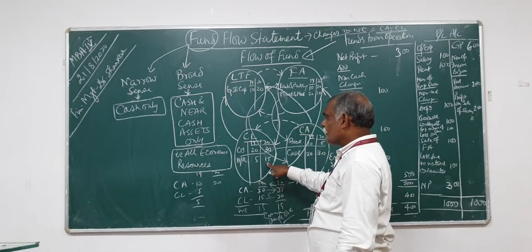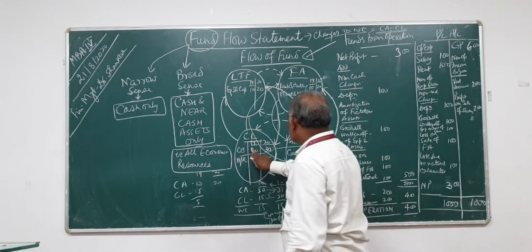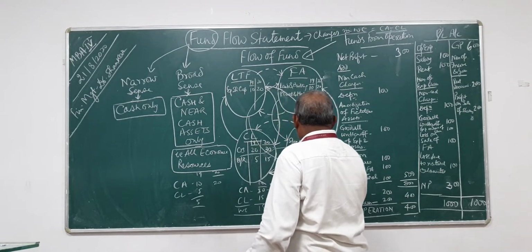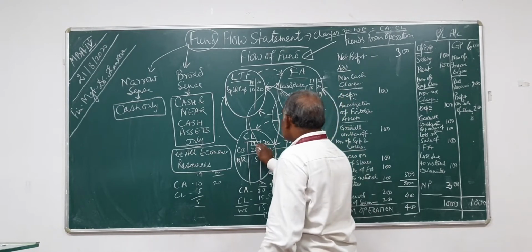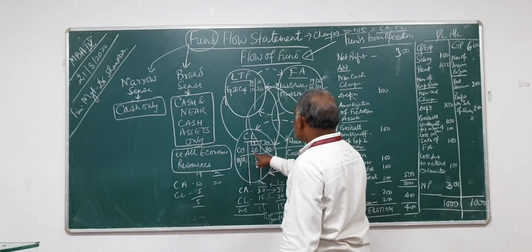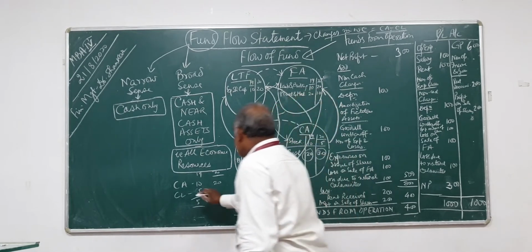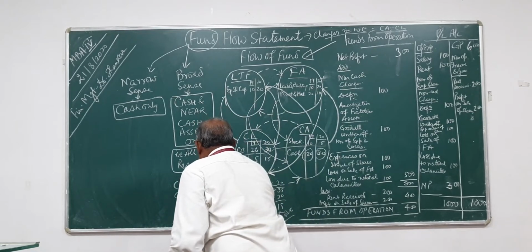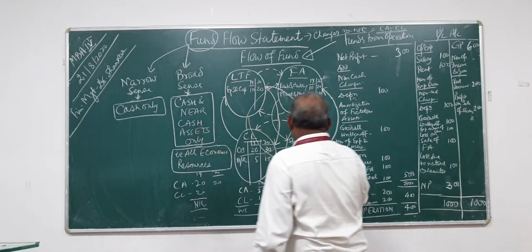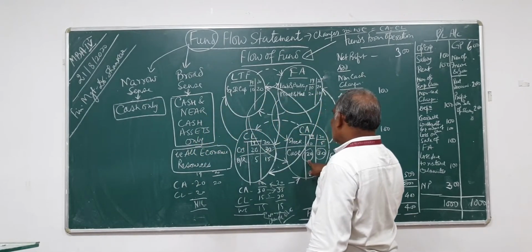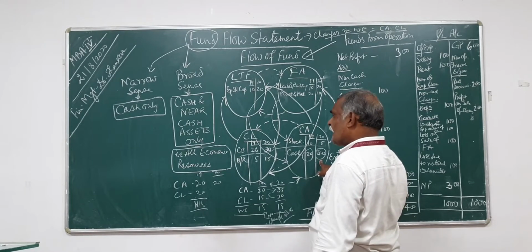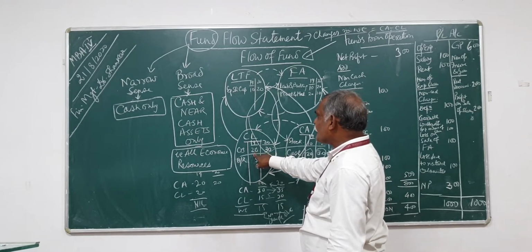Here cash is 20, creditors is 20, so working capital is nil. Now cash is increasing from 20 to 30, then creditors is also increasing from 20 to 30.